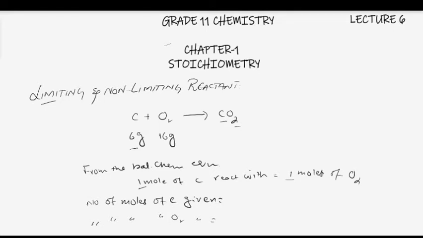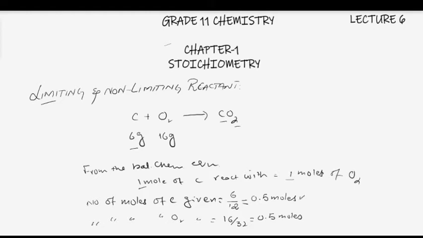So the number of moles of carbon given to us is the mass in grams, 6, divided by 12, which is equal to 0.5 moles of carbon. And the number of moles of oxygen given to us is the mass in grams, 16, divided by 32, the molar mass of the oxygen molecule, and this is also equal to 0.5 moles of oxygen molecule.